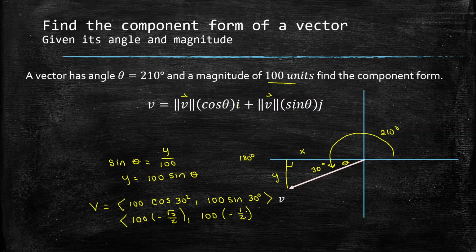So these are my two coordinates. I can simplify this down: 100 divided by 2 is 50, and so I'm going to get negative 50 radical 3 and negative 50. Those are my component coordinates for this point in here.